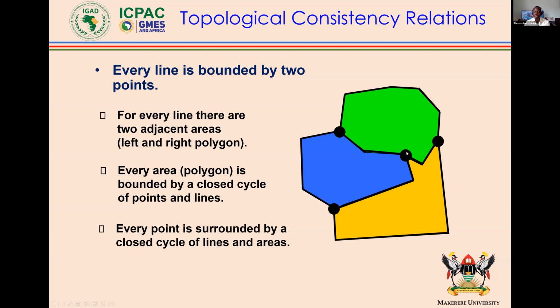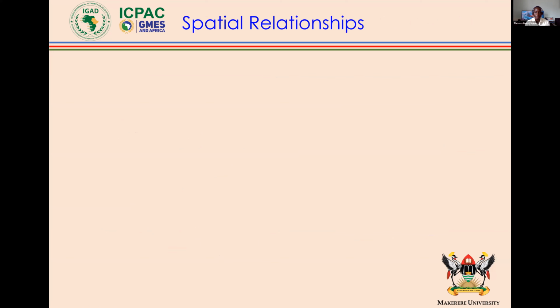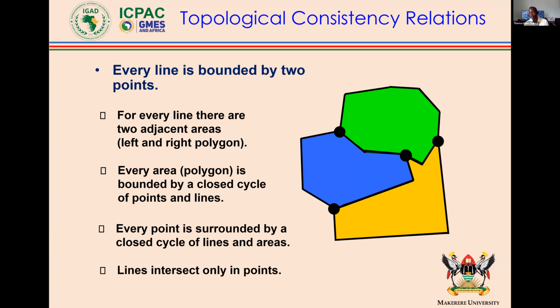This node is because of the intersection between polygon green, polygon blue, and polygon yellow. This node is because of the intersection between polygon green and polygon yellow. So lines intersect only in points.